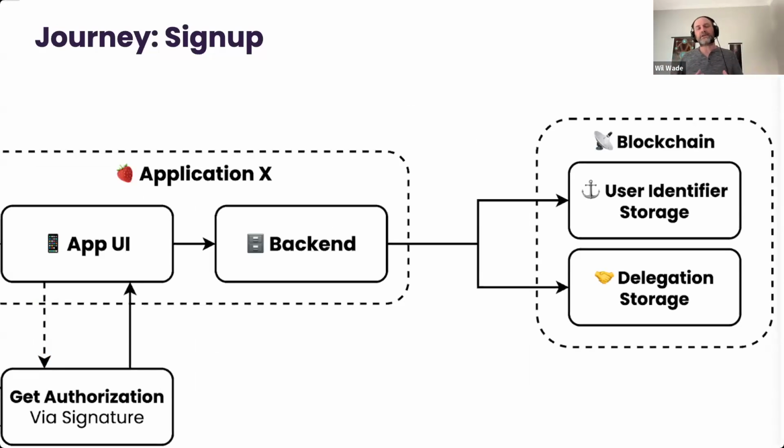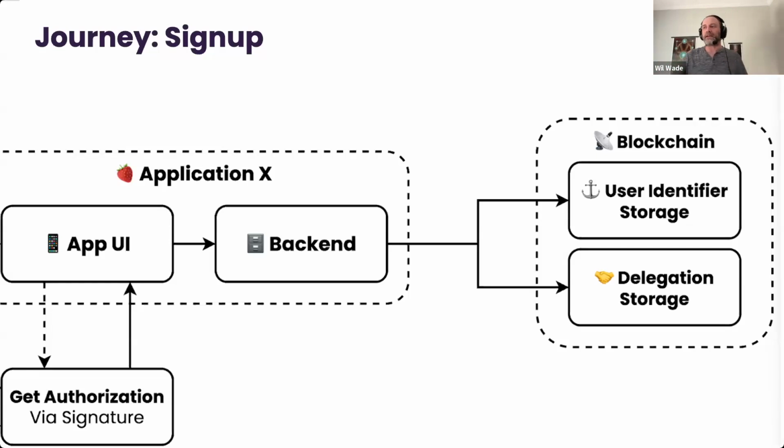That backend has its own private key that's saying, yes, it's okay to spend the refillable capacity on doing these actions on behalf of the user. But the fact that the application is able to do them on behalf of the user is because of that signature that the user has given to the application, that proof of authorization.